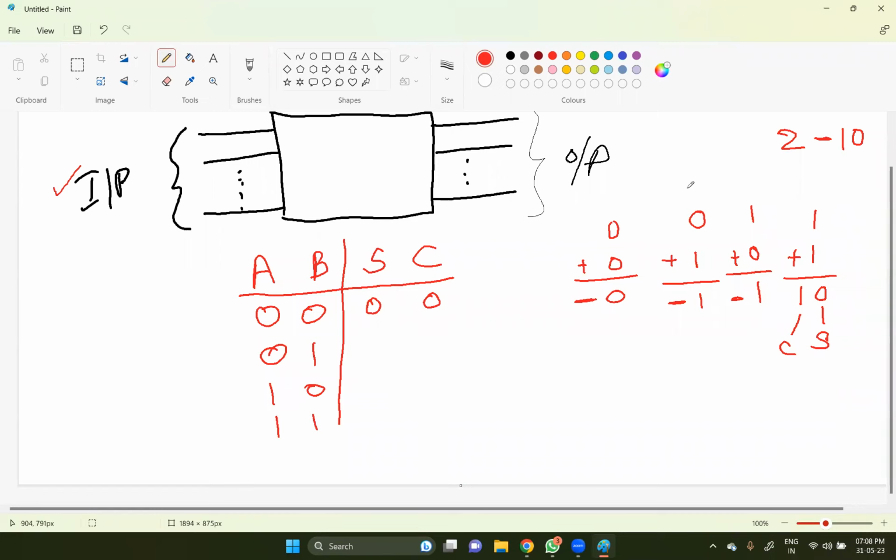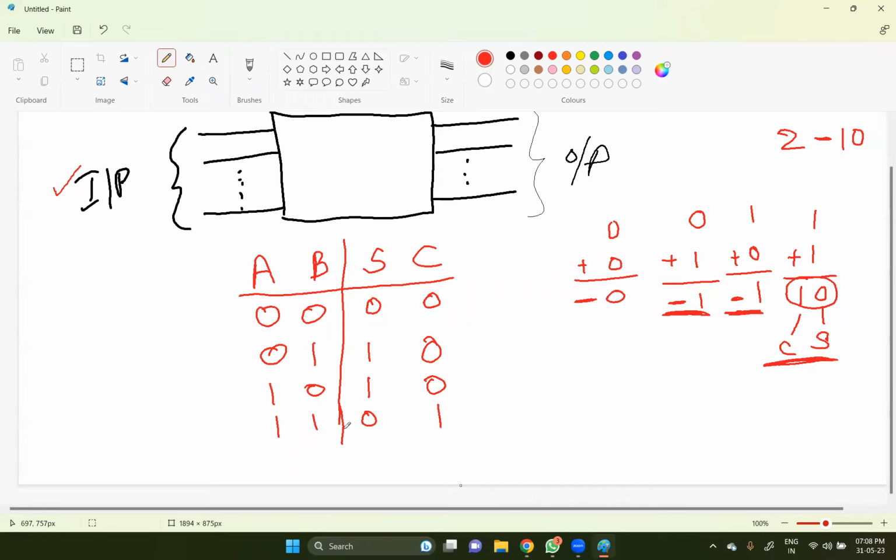So 0 plus 1 gives sum 1 and carry 0, and 1 plus 0 gives sum 1 and carry again 0. And 1 plus 1 gives sum 0 and carry 1 here.